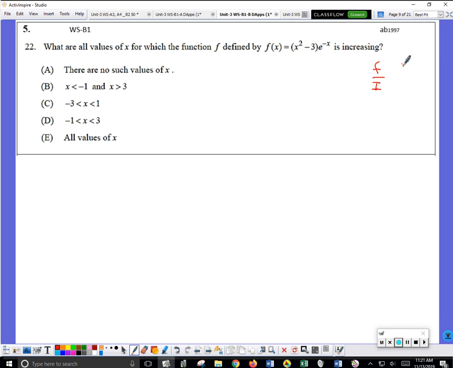But that happens exactly when the y-coordinates of f prime have positive values. So to figure out when f goes up, I need to figure out when f prime has positive y-coordinates. Okay?